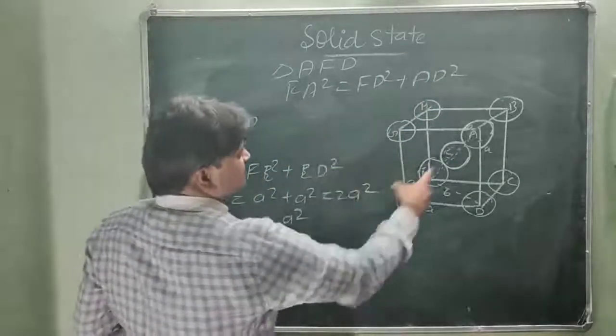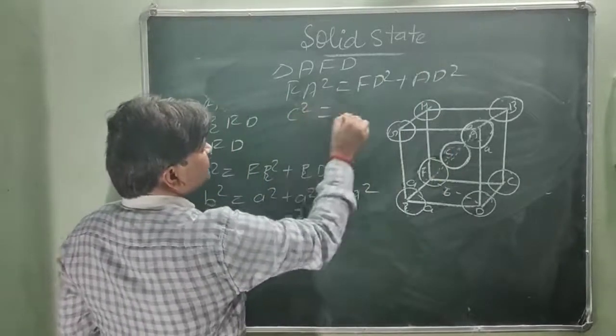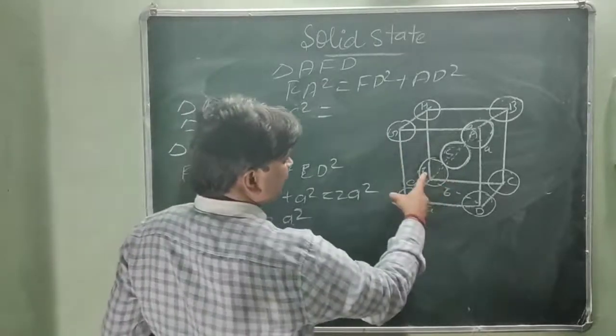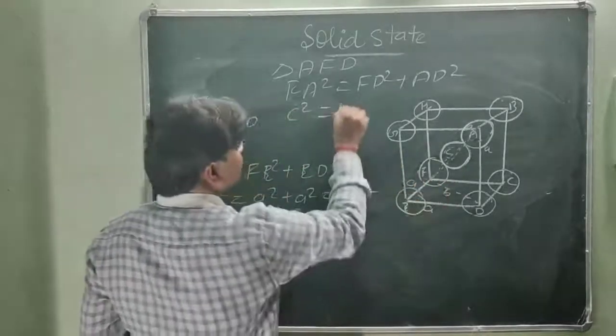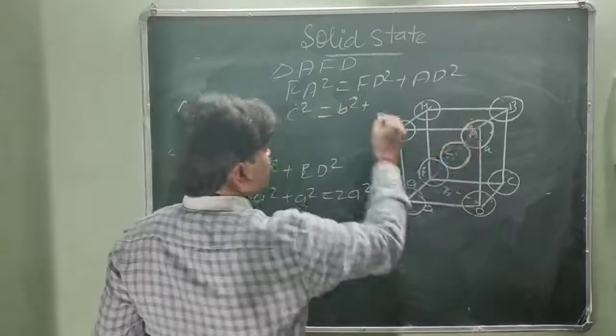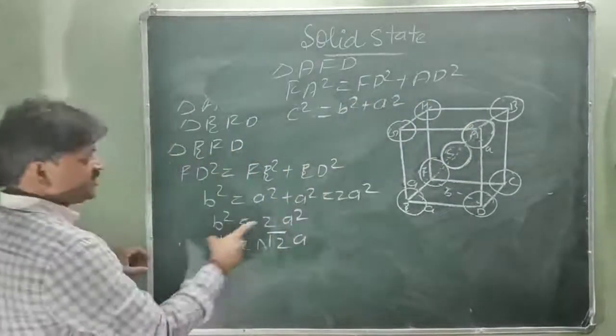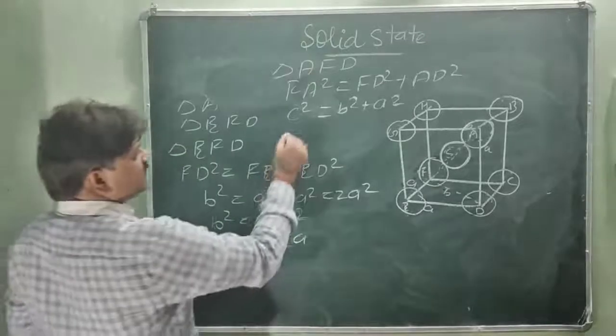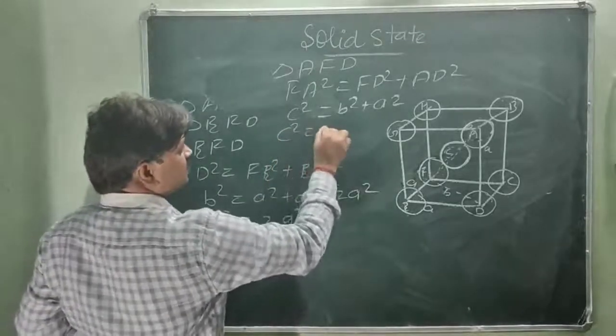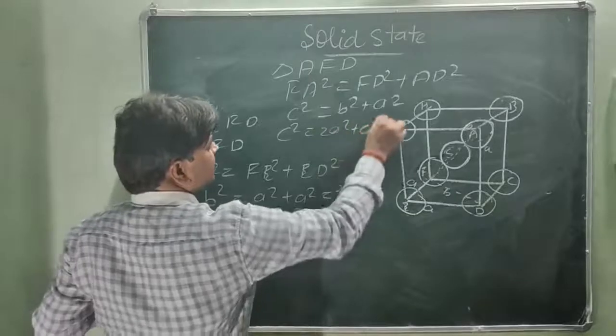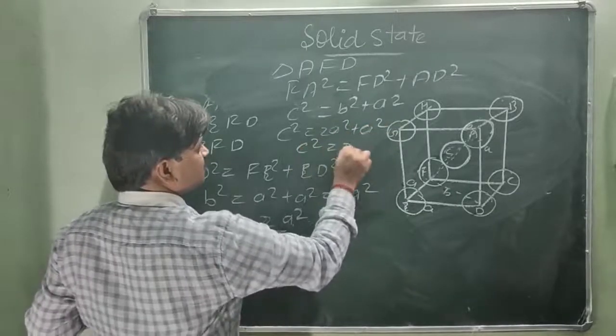So FA square, which is C square, is equal to FD square, that is B square, plus AD square, this is A square. And the value of B square, you can see, is 2A square. So putting this value, C square is equal to 2A square plus A square, or C square is equal to 3A square.